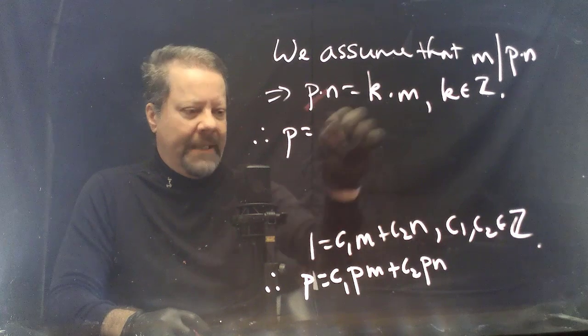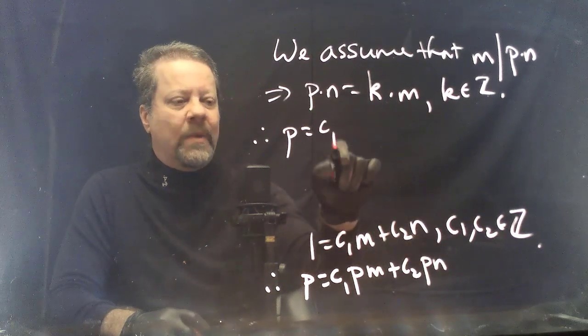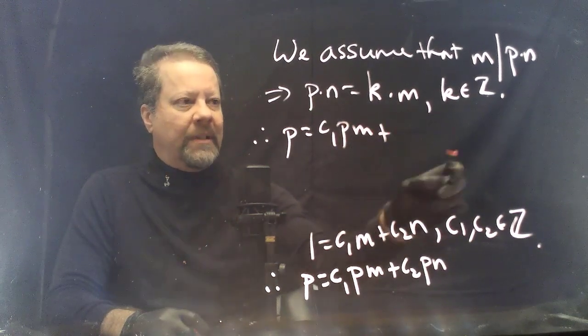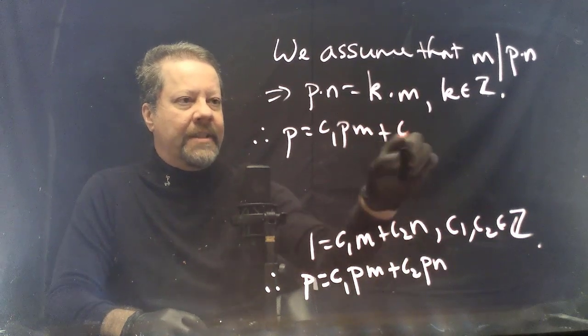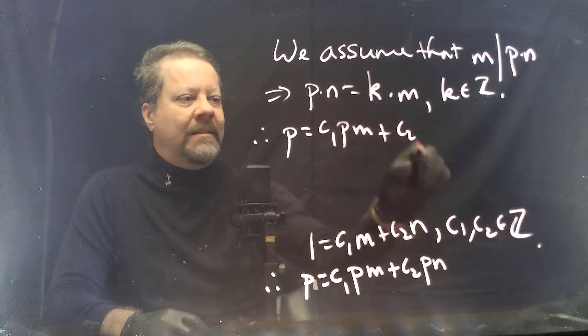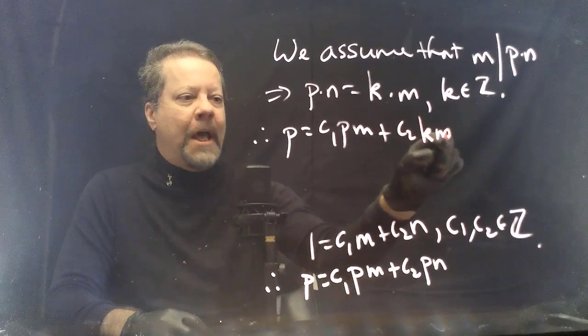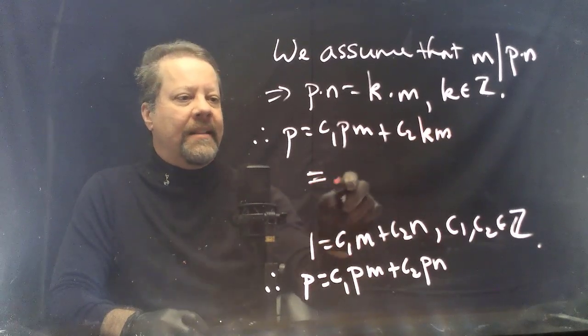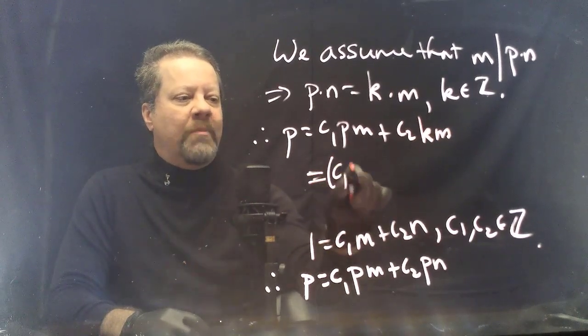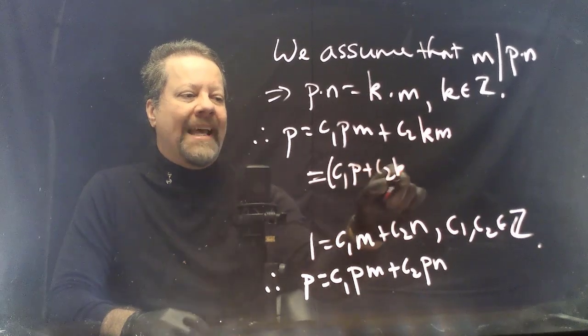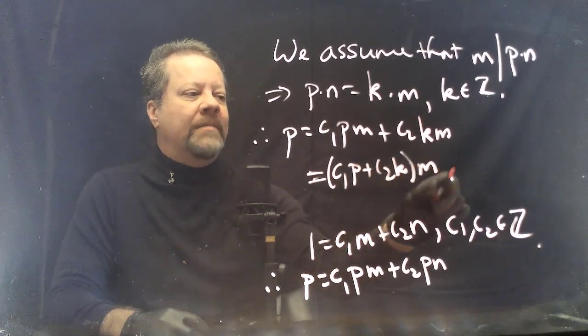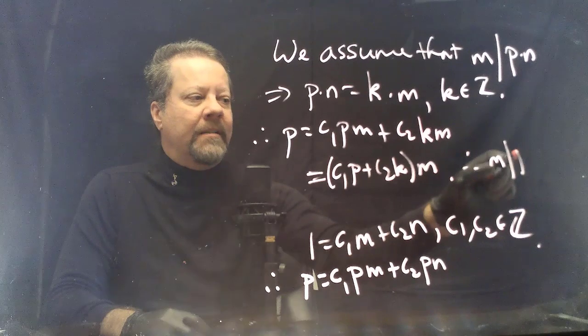We have p times n over here. We have c1pm plus, over here, c2pn is k times m. And you can see then that we get (c1p plus c2k) times m. Therefore, m divides p.